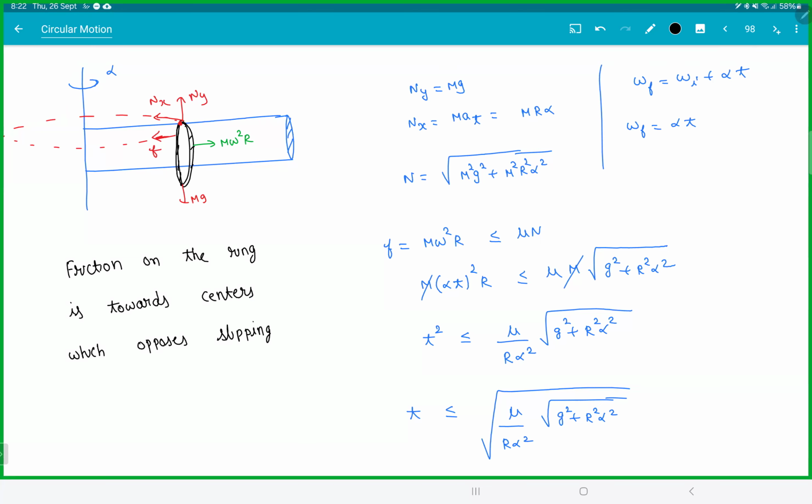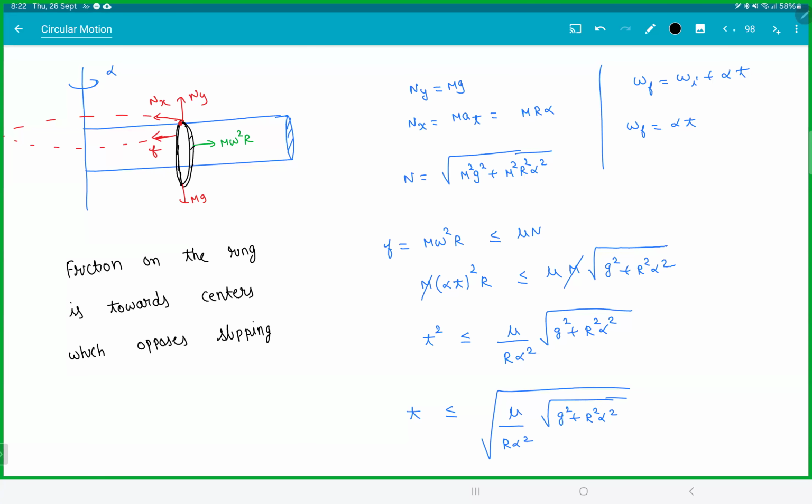There, check it out. So the normal reaction, there'll be two components of it. That was the whole catch in the problem. And Nx is which way? Nx is along the tangent. Do look at the FBD.